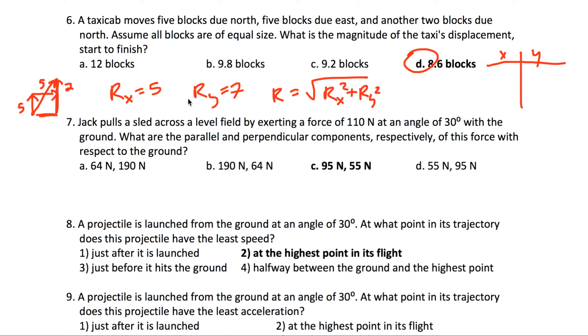Now if you didn't like that, you can still do this problem the same way that we've been doing. You can call these vectors vector A, vector B, and then the third one vector C. So you can still find AX, BX, CX, AY, BY, CY.